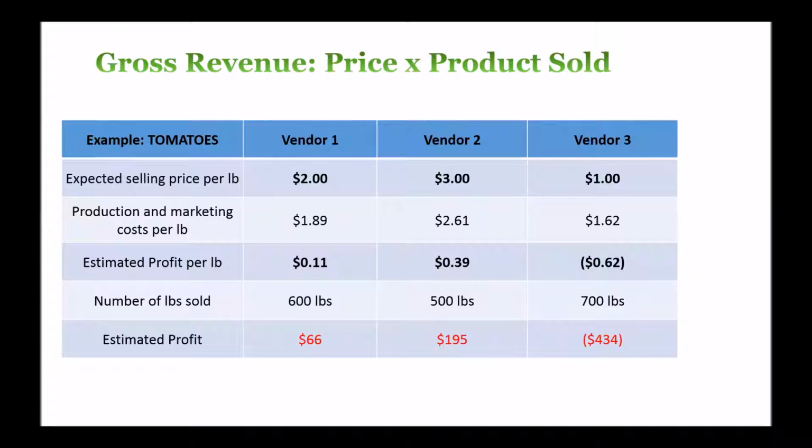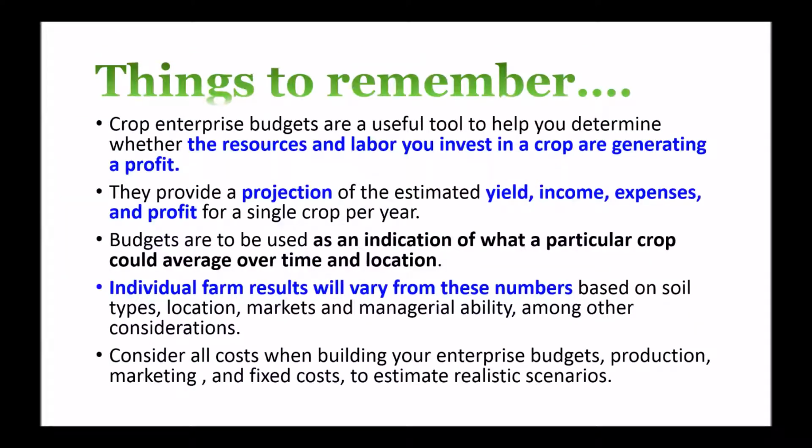Indeed, vendor 3 sold more product than any other vendor, but given he or she did not understand cost of production and marketing, at the end of the day, this farmer lost around $434.